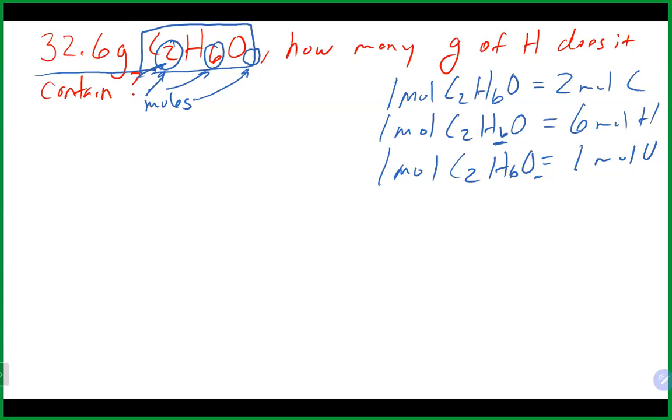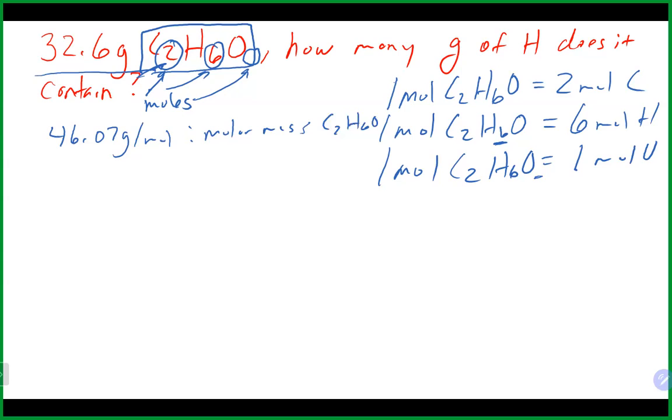I think we calculated the molar mass the other day. I want to say 48 and change. It kind of has that number in my head, I think. So if we calculated the molar mass from the periodic table like we did the other day, 46.07, I believe, is what we got from the periodic table. And that is the molar mass of the entire thing here.